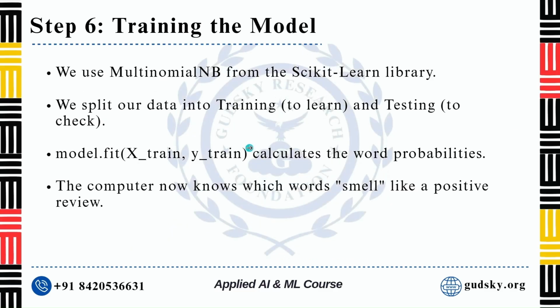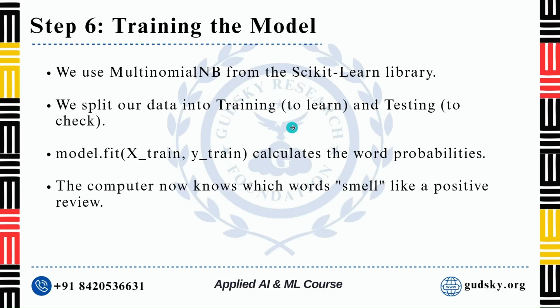Let's move ahead. Now, here you see training the model. We have already trained our model, but let's get started with this. It's time for training. We use a version of Naive Bayes called multinomial. As you recall, when creating the object, we used the multinomial NB version of Naive Bayes.